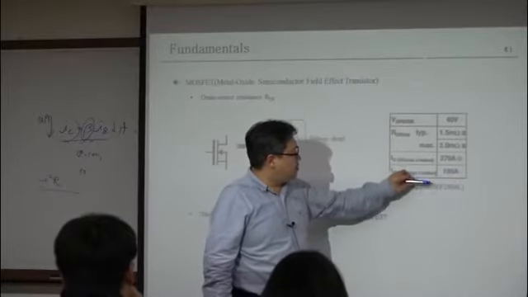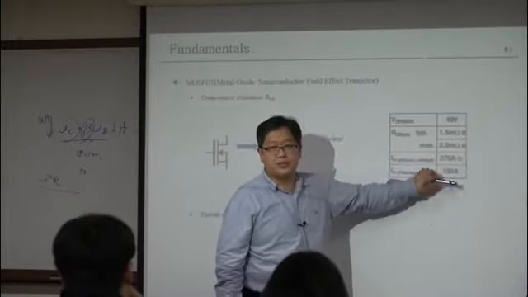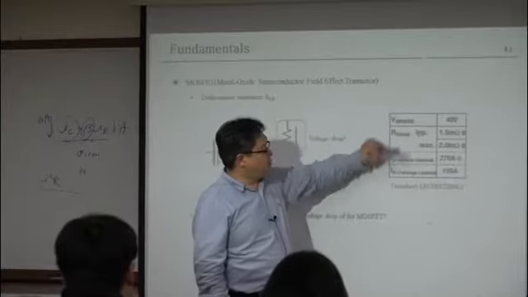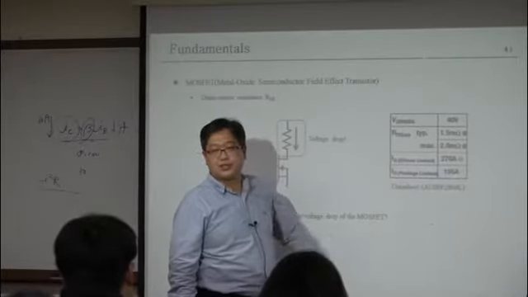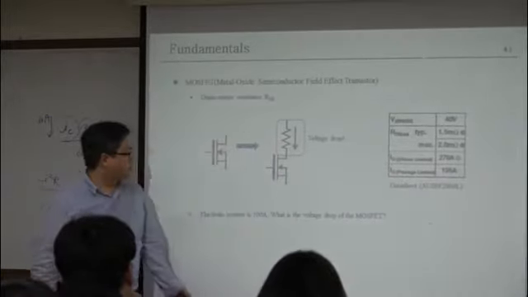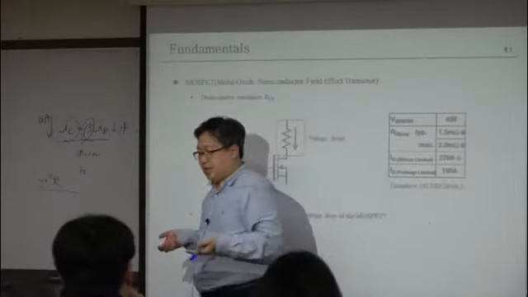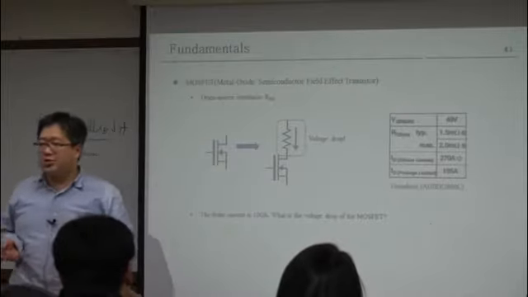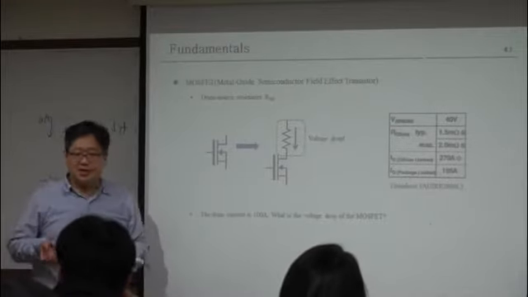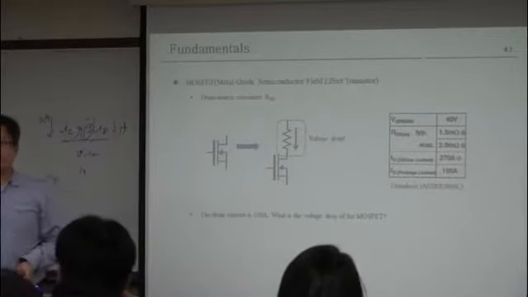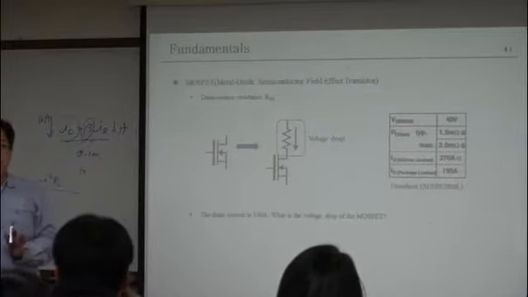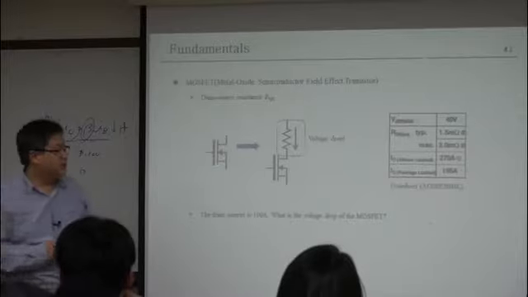Package limited maximum current is 195 ampere. Okay, low voltage but very high current. This device is employed in automotive chassis control systems. Chassis like the brake or steering, something like that. That is called the chassis systems.